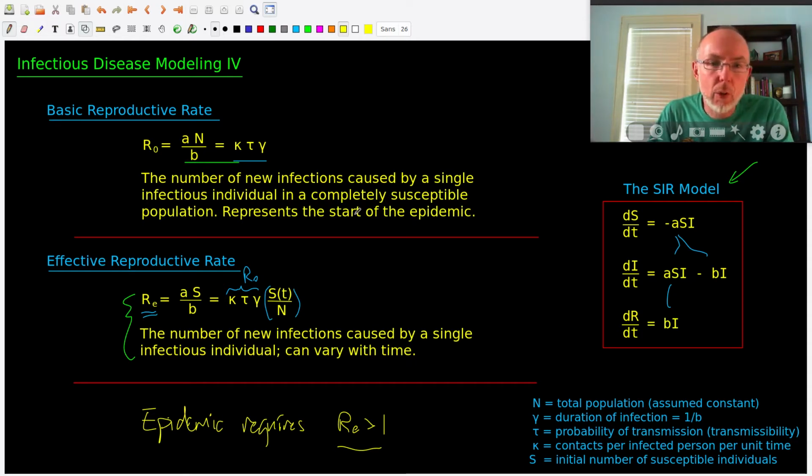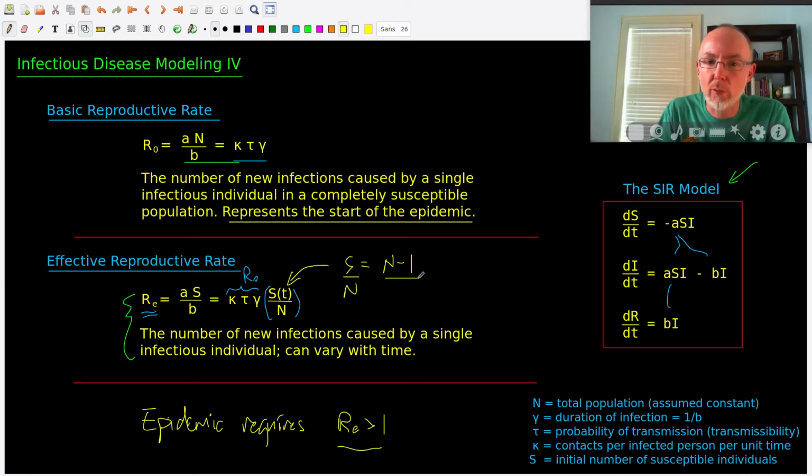Before I continue, this R naught, you can really think of it as the rate at which the disease is spreading at the beginning of the epidemic, because at the very beginning of the epidemic is when you expect most of the population to be susceptible. In other words, at the beginning of the epidemic, you expect the number of susceptible people to be everybody except the one infective person.